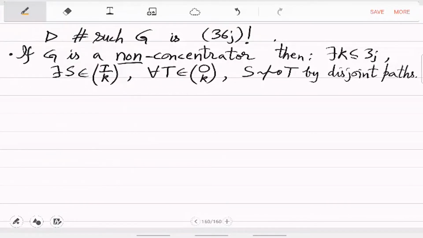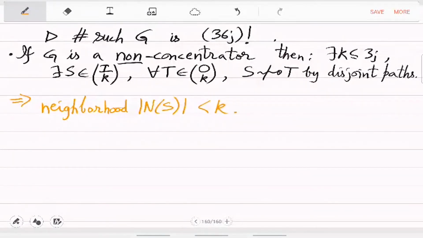So for there being an S which is bad, which means for all T the disjoint path connection is not there, what you can deduce is that the size of the neighborhood of S is less than k. This is by something called Hall's theorem.